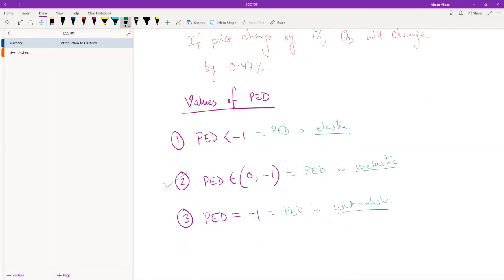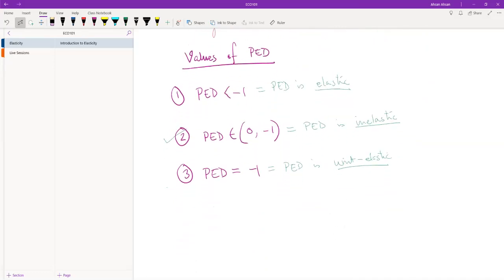Okay. But now there are two more extreme cases. You won't see these often in real life perhaps, but they do exist, which is if PED is equal to 0 and if PED is equal to infinity.